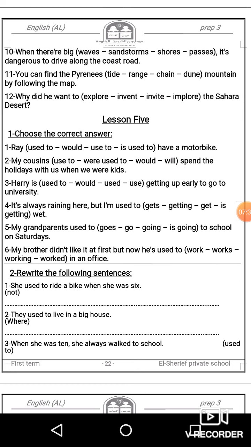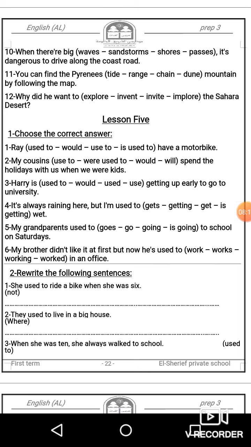You can find the Pyrenees range, so it's range. Number 12. Why did he want to explore the Sahara Desert?